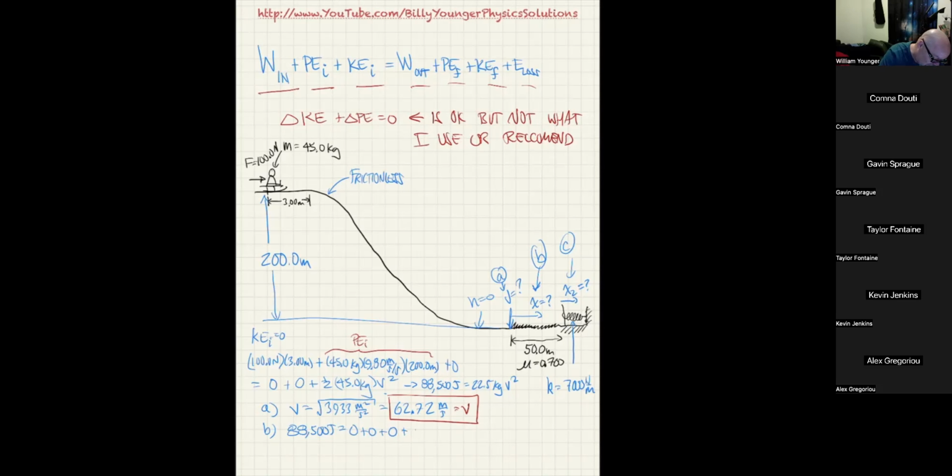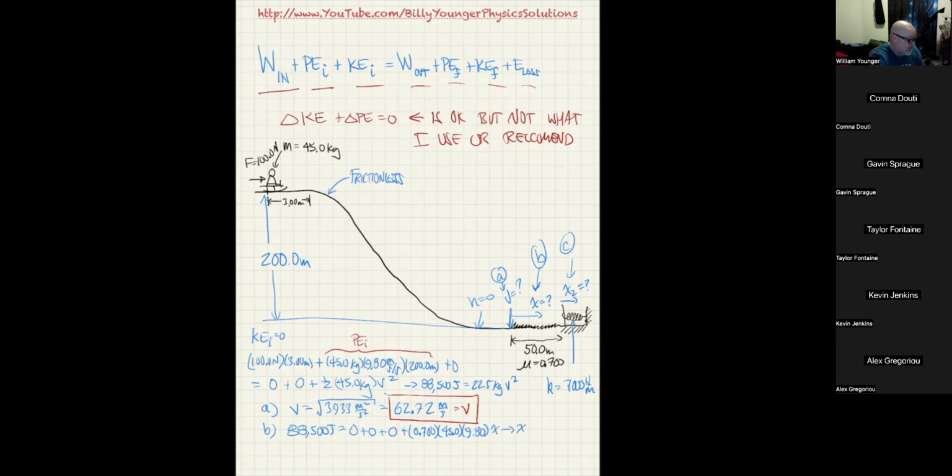So I'm going to say 0.700, that's the coefficient of static friction, times 45.0, I'm going to leave off the units here, times 9.80. So that's just the friction force. Now I'll multiply that by x and solve for x.